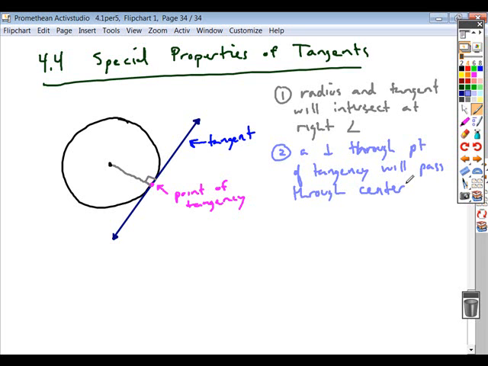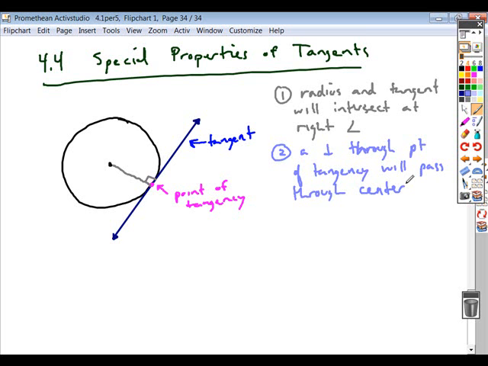So if you have a tangent line and you want to find where the center is, you can do something similar to what we did with the chords. A perpendicular through that point of tangency is going to pass through the center of a circle.